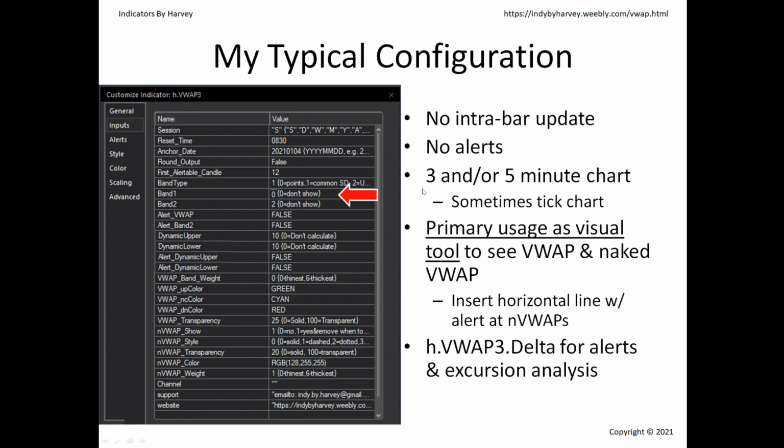Primary usage of this is on my chart analysis. I want to see where VWAP and the naked VWAP are. In addition, sometimes I will insert a horizontal line at previous naked VWAPs and put an alert on that. I typically lean on the h.VWAP3 delta for my alerting and excursion analysis.